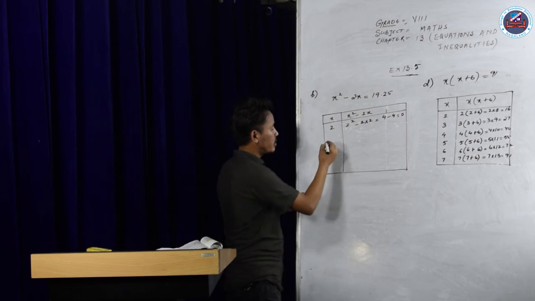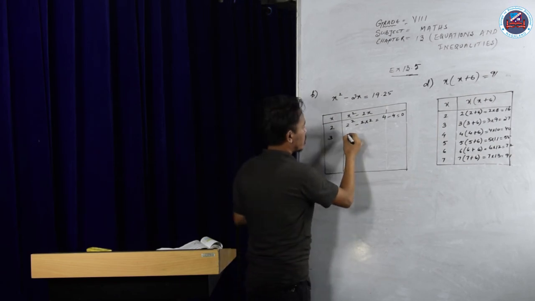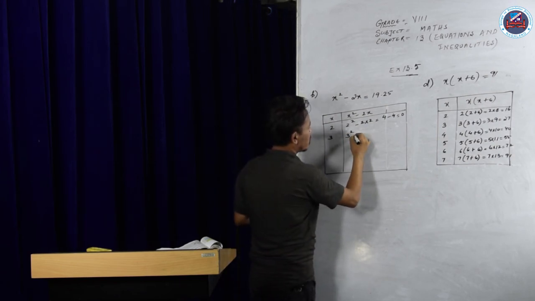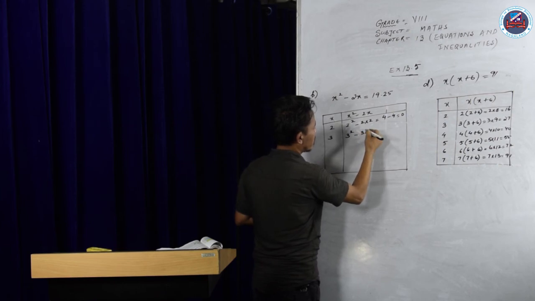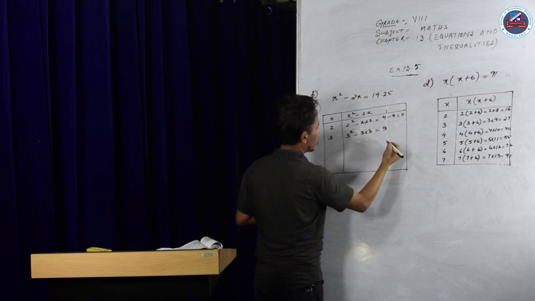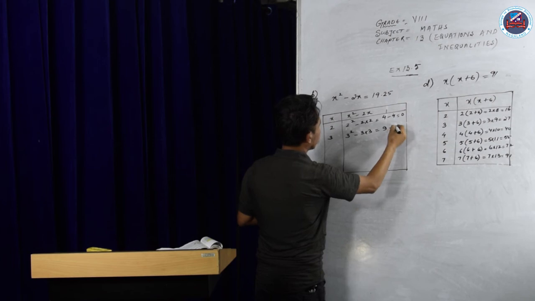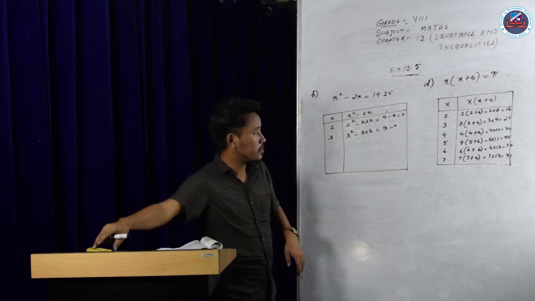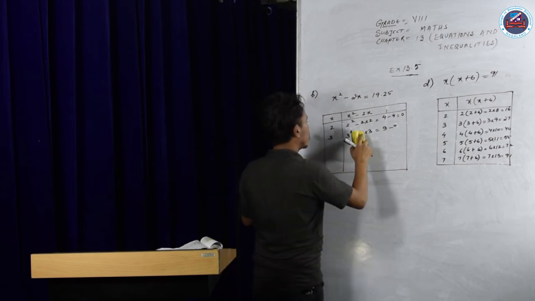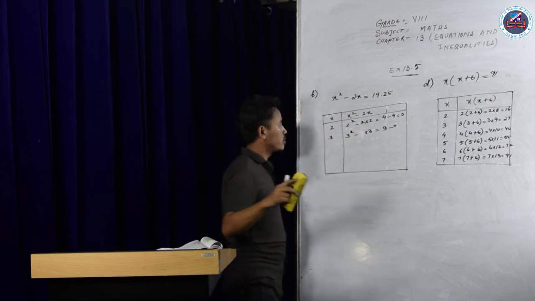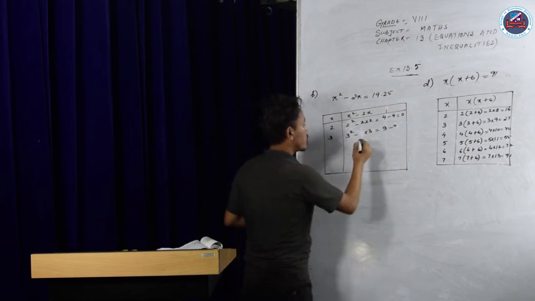Next, let's use 3. 3 squared is 9, minus 2 into 3.